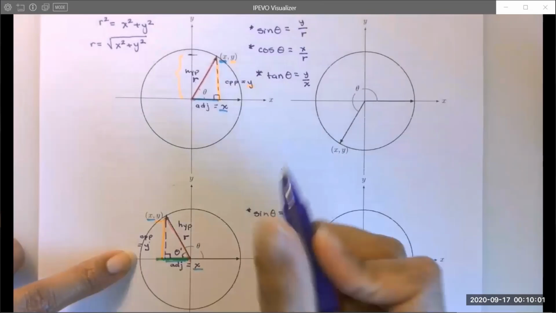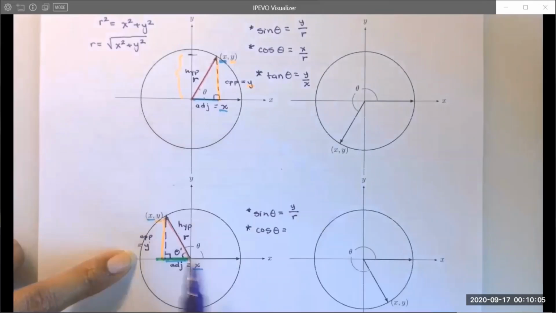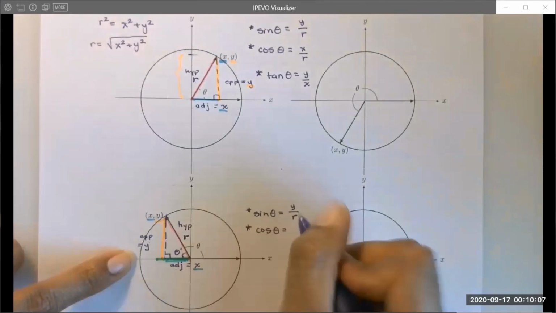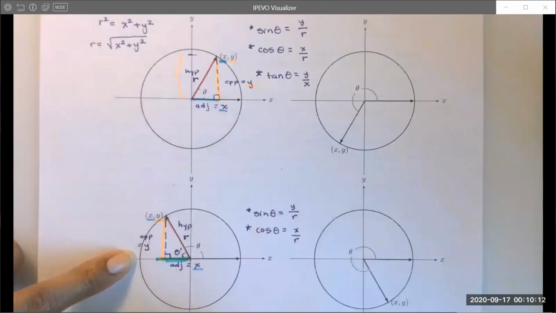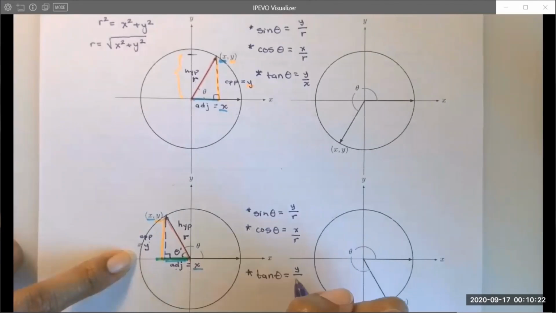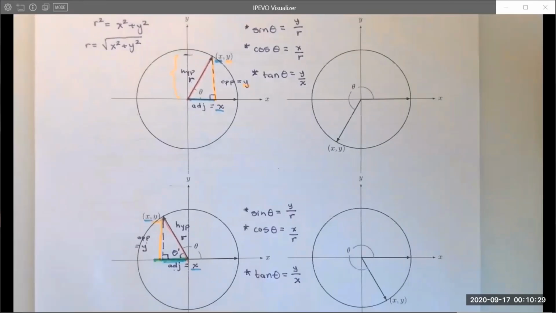The same thing is going to happen if we look at cosine. Cosine theta would be adjacent, which is X, over hypotenuse, which is R. And finally, tangent of angle theta is opposite, which is Y, over adjacent, which is X. So we're starting to maybe have the suspicion that this could potentially work for every quadrant.